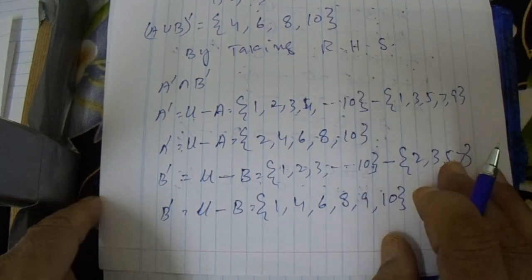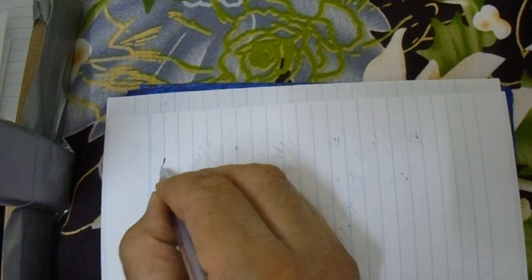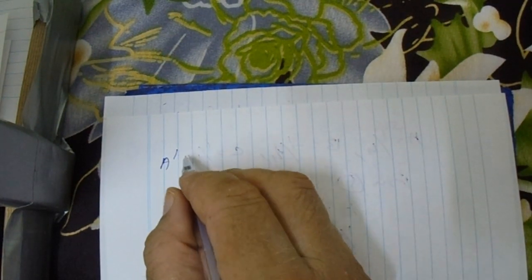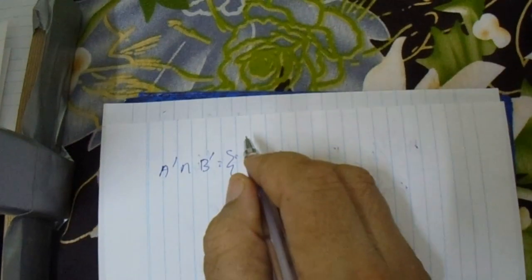Okay. Now we find A complement intersection B complement. Now we write A complement.